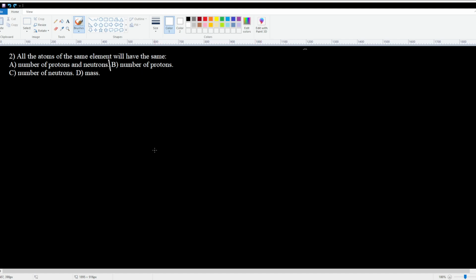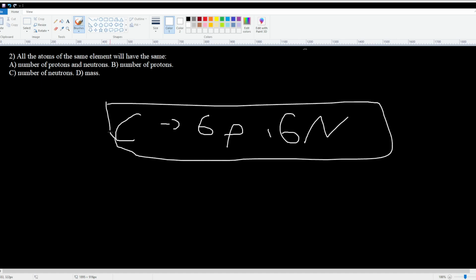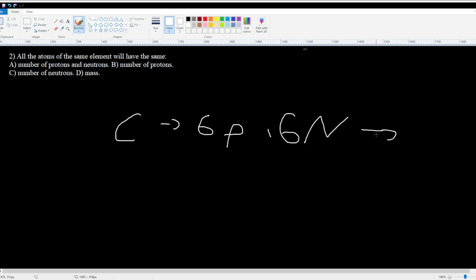What can change is the number of neutrons, right? So if we have a sample of carbon, and this sample of carbon has 6 protons and 6 neutrons, it's still considered carbon. This is considered carbon 12. If we change that, carbon has 6 protons and 7 neutrons.